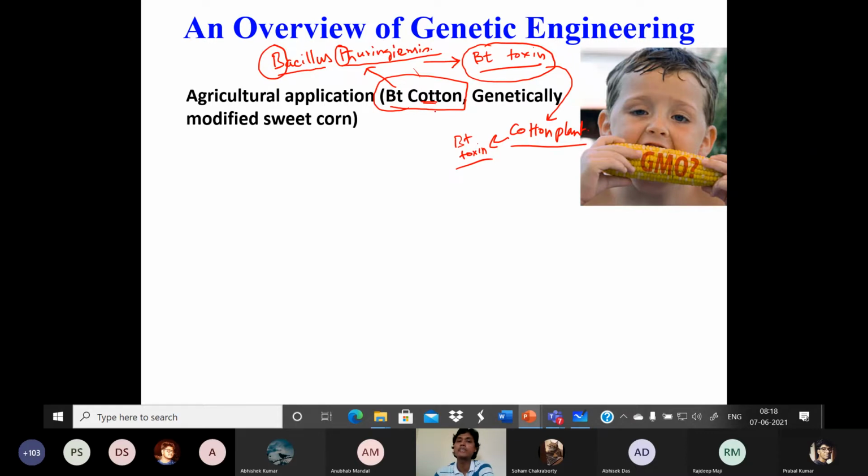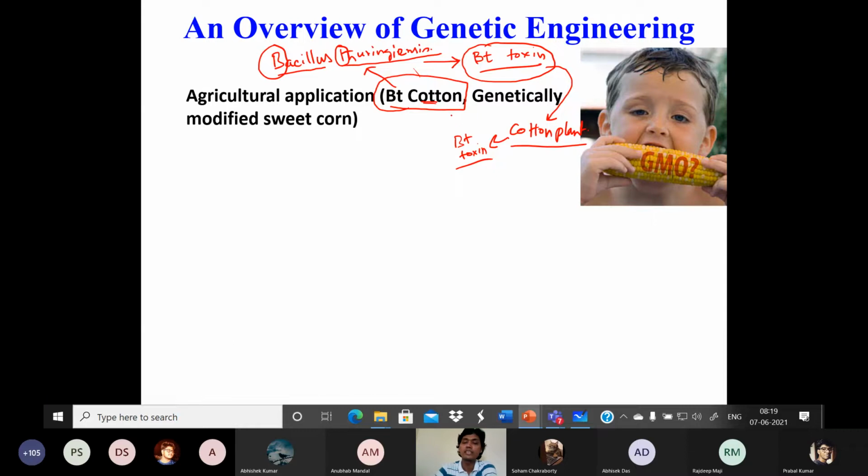Rather, the cotton plant makes some product in its cells so that it is toxic to those worms. This is good, because you don't need to provide chemical insecticide again and again.